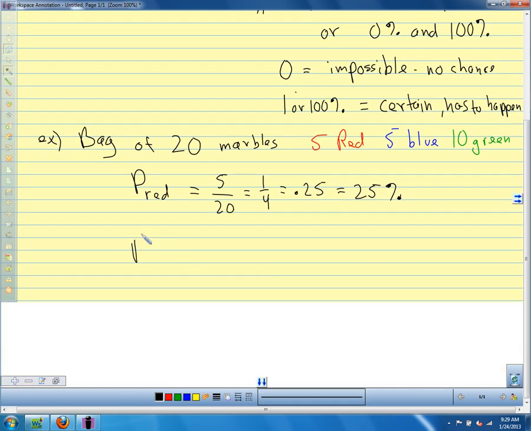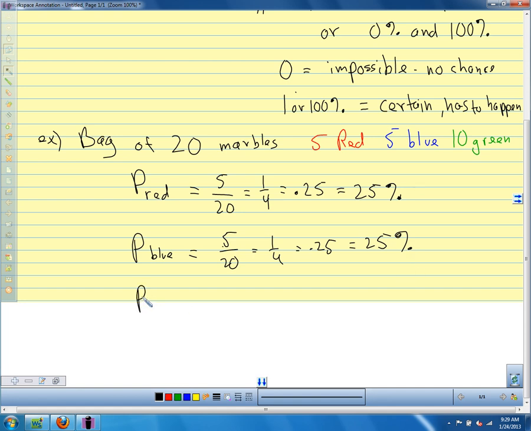So what is going to be the probability of blue? Same thing, right? We have 5 blue, we have 20 marbles, so it's going to be the same. Probability of blue is 5 out of 20, 1/4, 0.25, or 25%.